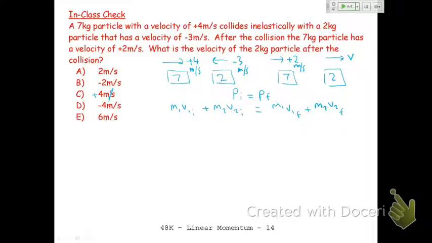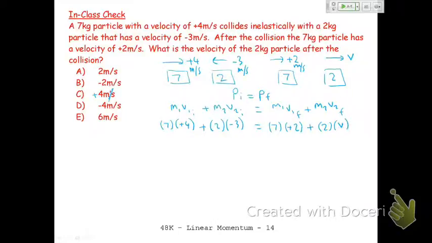So it's not the momentum of an individual particle, it's the momentum of the system before and the system after. I'll look at my diagram now, and I go 7 times plus 4 plus 2 times minus 3 is equal to 7 times plus 2 plus 2 times V.